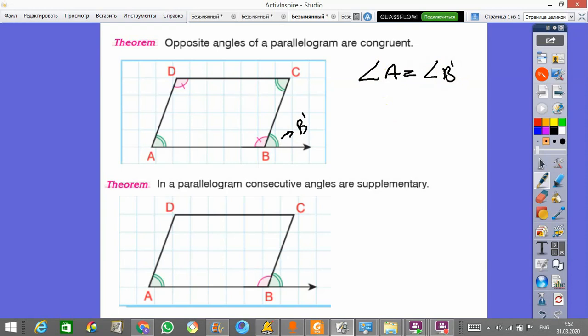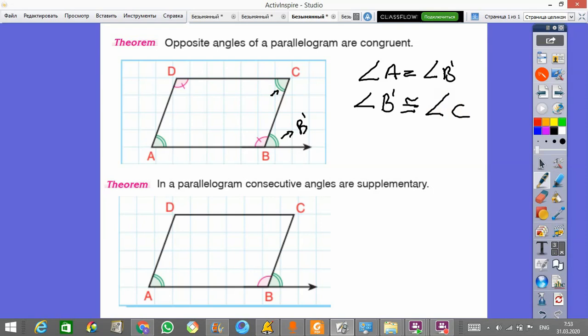Then angle B prime is congruent to angle C. These two are the same, corresponding angles.